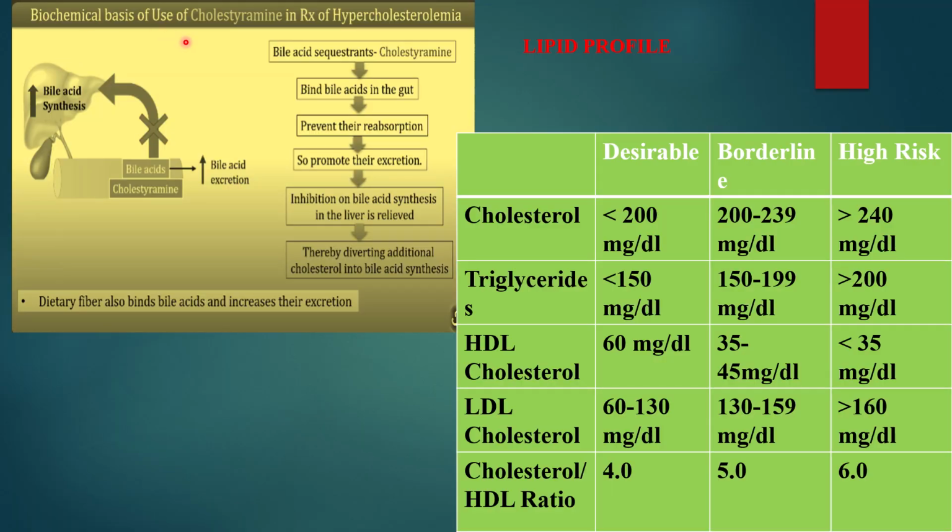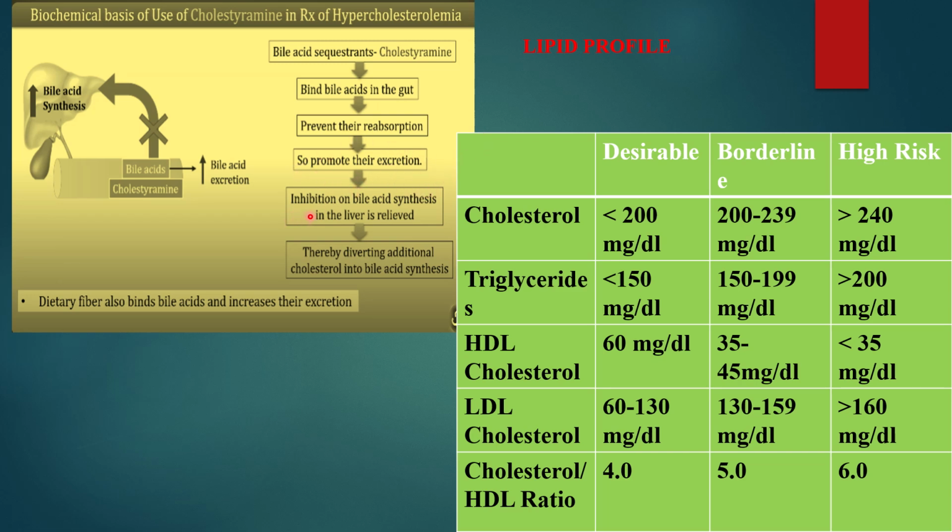Then the biochemical basis of the use of cholestyramine as a drug. It is important in the reduction of hypercholesterolemia. How does it happen? Cholestyramine is a bile acid sequestrant. Bile acids bind with this compound in the gut, which prevents their reabsorption into the blood and facilitates their excretion.